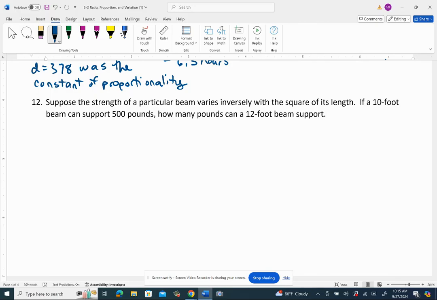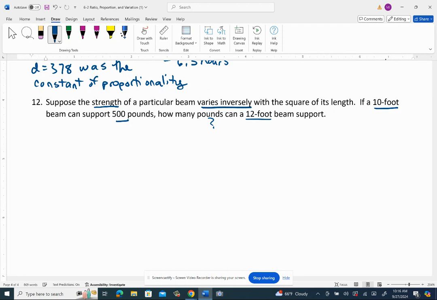Then they give us a couple of scenarios. A 10-foot beam can support 500 pounds, and the question is, how many pounds can a 12-foot beam support? We don't know that. So what we're going to do is set up an equation using this information.